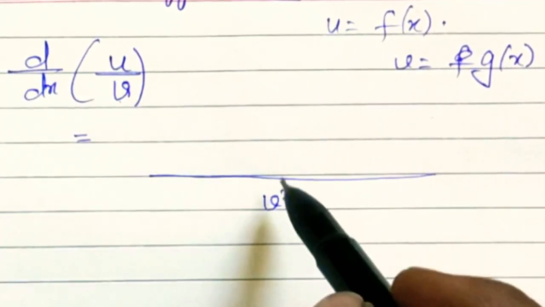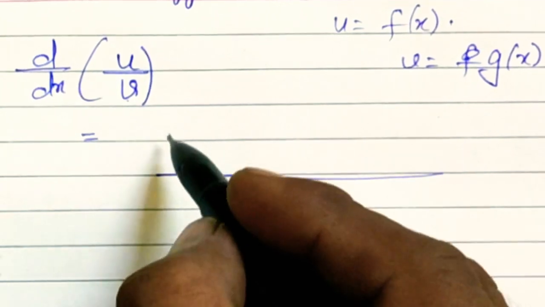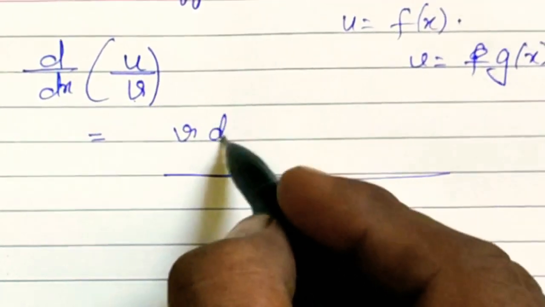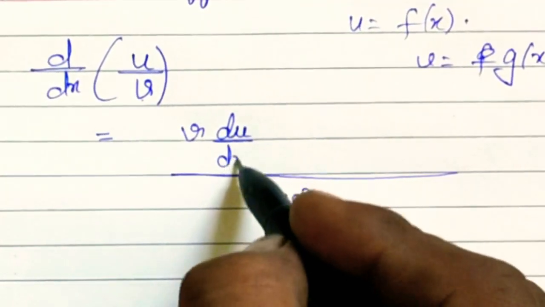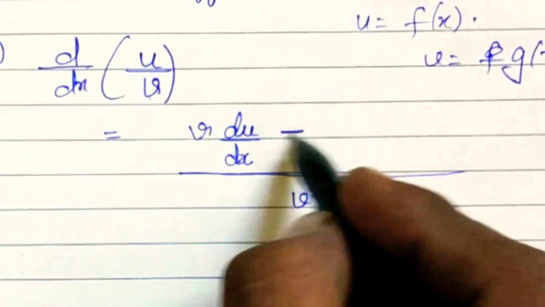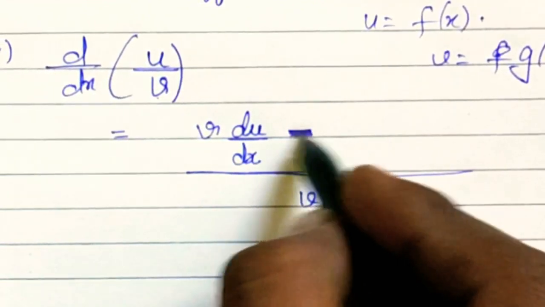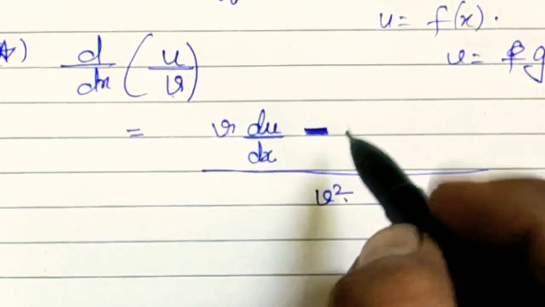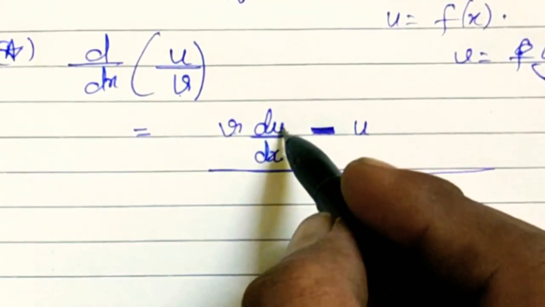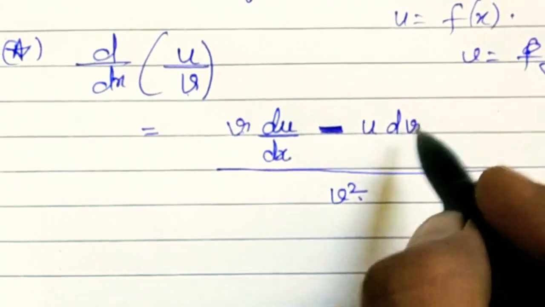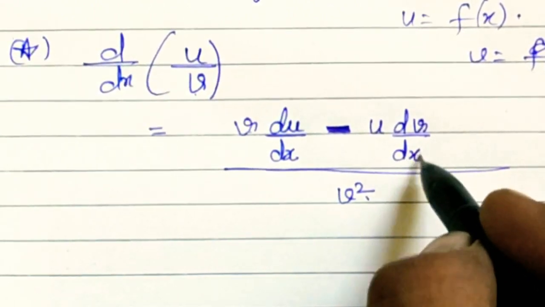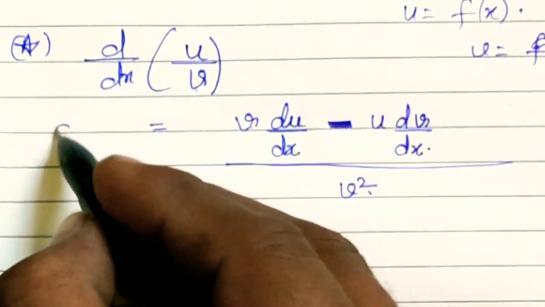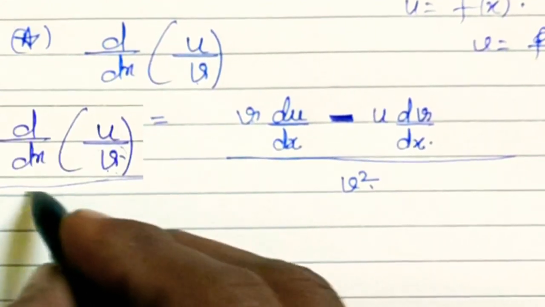The denominator should be squared and then the denominator should be placed first, and we differentiate the numerator. The most important thing to remember is that the sign between them will be minus, and now reverse them. The function which was inside, take it outside, and the function which was outside, take it inside. Now this is the formula in division and differentiation.